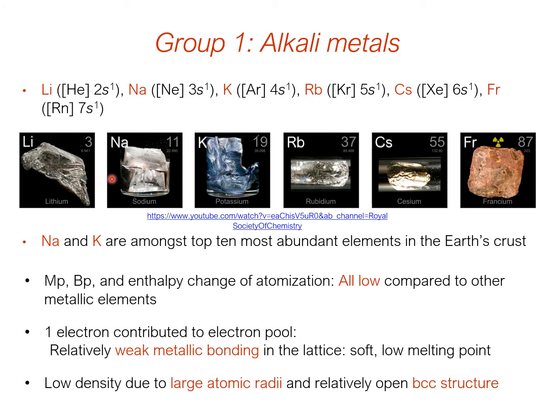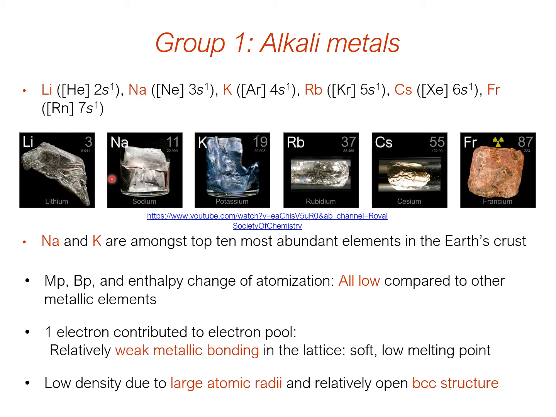So things like the melting point, boiling point, and enthalpy change of atomization of the group 1 alkali metals are all low compared to other metallic elements. And this is because only one electron is contributed to the electron pool. And what this means is there's weak metallic bonding present. So if you remember when we looked at solid structures, metallic elements form these metallic structures.